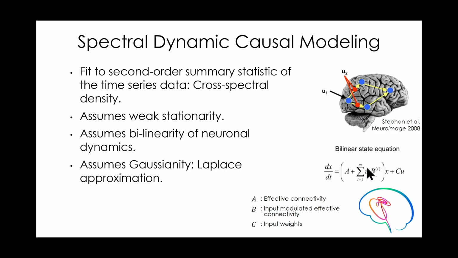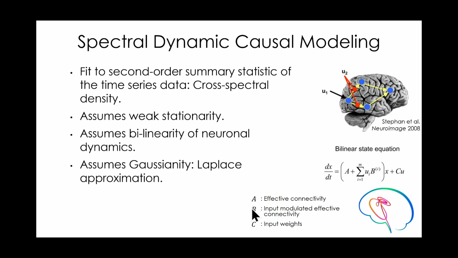So as I said, U's are external inputs or inputs from populations that we don't explicitly model. C is the input weights. B, this bilinear term, is essentially the effective connectivity as it is modulated by the inputs. That's why we have the input multiplier. And A is the effective connectivity between regions, given no input, right? This is independent of inputs. And the main goal of DCM is to give you back these A and B matrices.